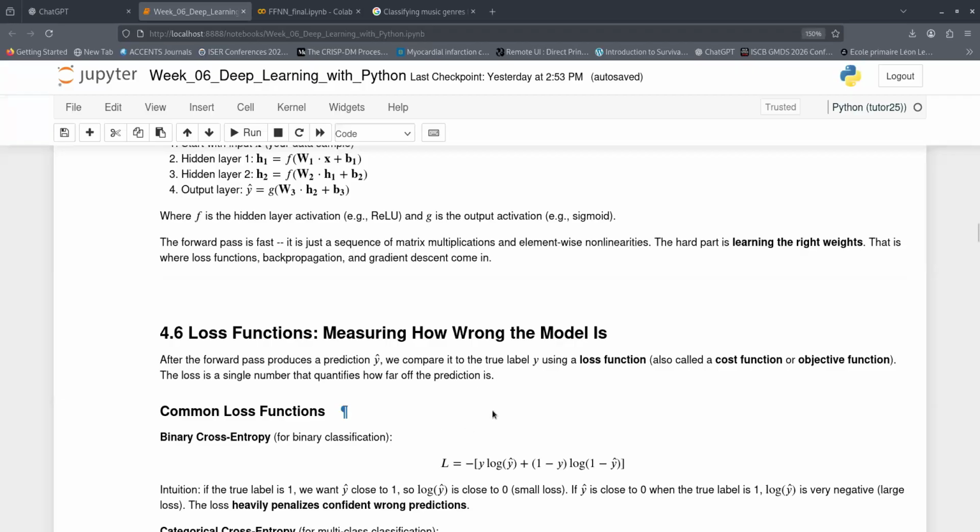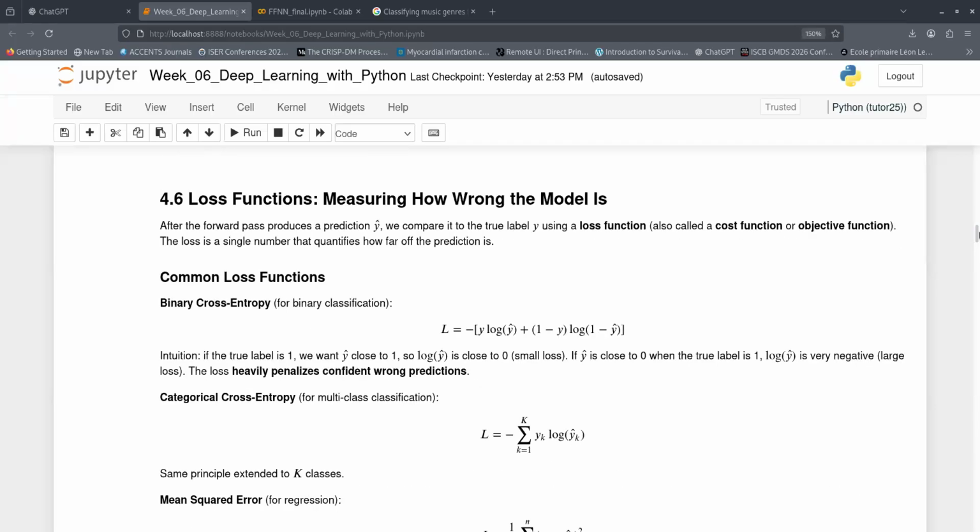Now, there are some common loss functions. We don't just say, okay, I use a loss function like this. We have loss functions based on the type of problem that you are dealing with. So you have what we call the binary cross entropy. The binary cross entropy is used when you have a case of binary classification.